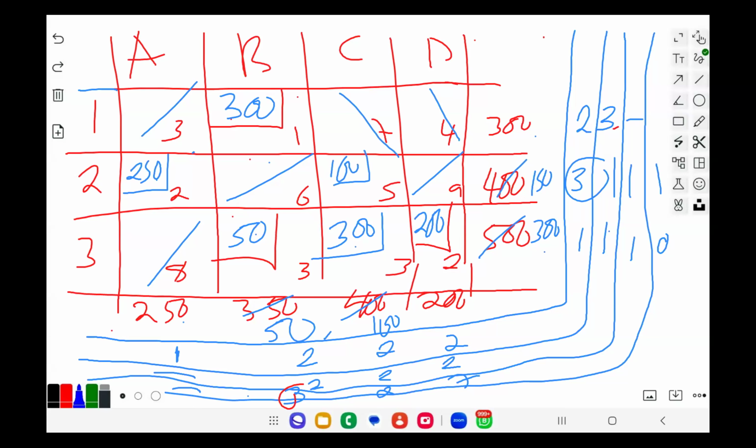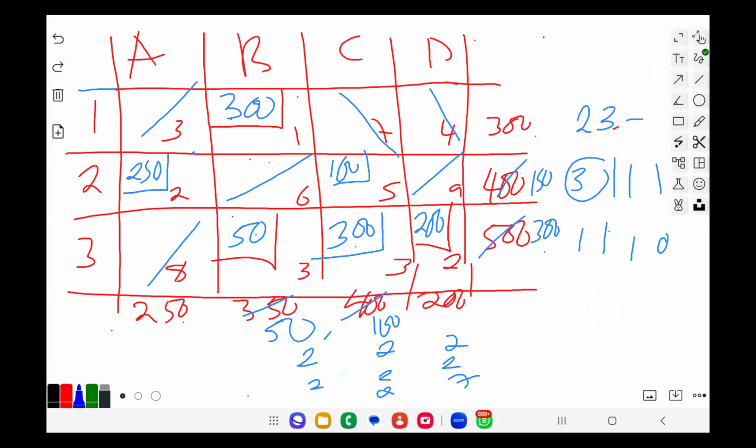Yes, sir. When we are done with these iterations and we have created these penalties, then we can just go ahead and do the same stuff that we were doing.